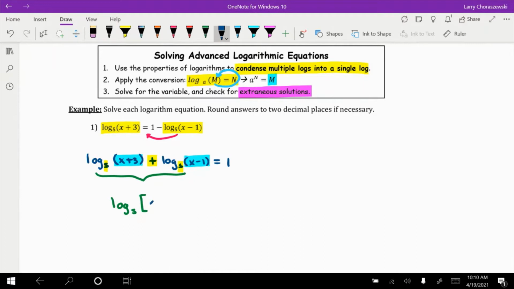Yep. So we're going to have to take x plus 3 and multiply it by x minus 1. Let's go ahead and FOIL that. This will be log base 5 of x squared plus 2x minus 3 equals 1.